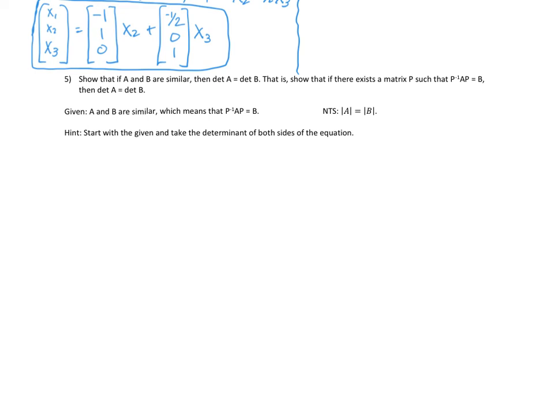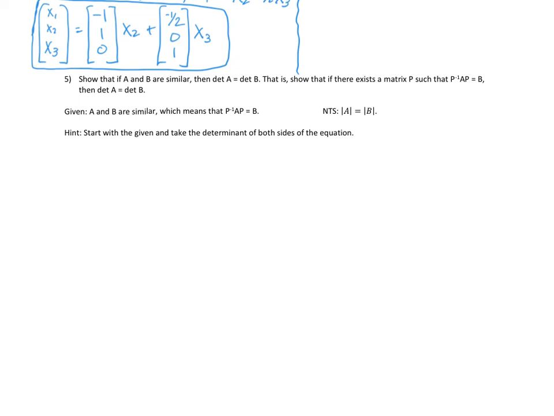Show that if A and B are similar, then the determinant of A equals the determinant of B. So that is, show that there exists a matrix P such that P inverse AP equals B. If there exists a matrix such that P inverse AP equals B, then the determinant of A equals the determinant of B. Okay, so to translate, what we are given is that A and B are similar matrices, and that means that B can be written as P inverse AP for some P. And what we need to show is that the determinant of A equals the determinant of B.